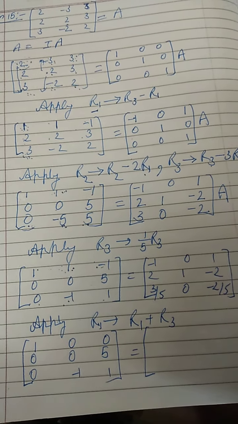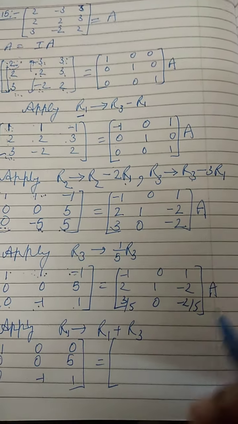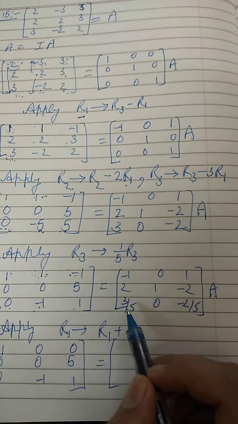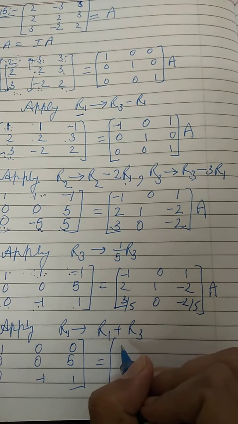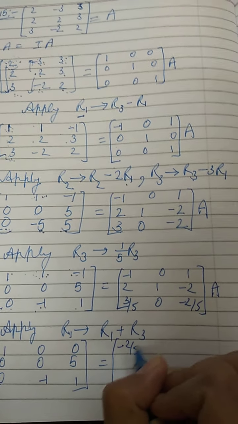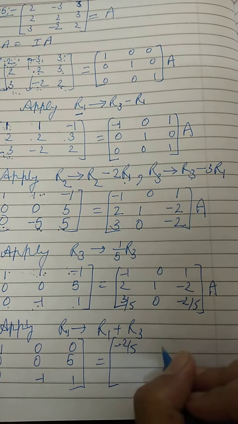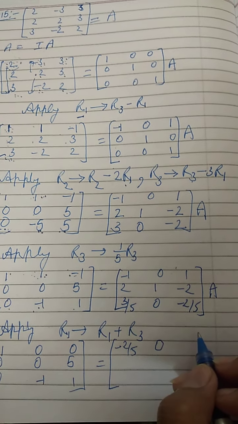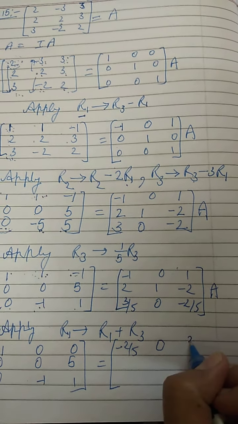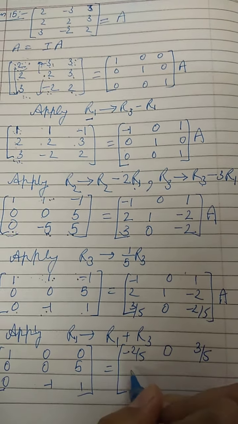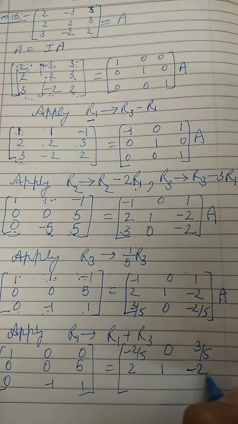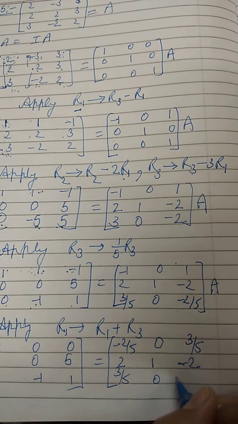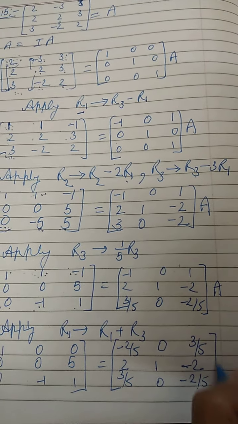And the same change will come here also. R1 plus R3: minus 1 plus 3 by 5, so it will become minus 2 by 5. 0 plus 0 will remain 0 only. 1 minus 2 by 5, so it will become 3 by 5. This will be 2, 1, minus 2. 3 by 5, 0 and minus 2 by 5.